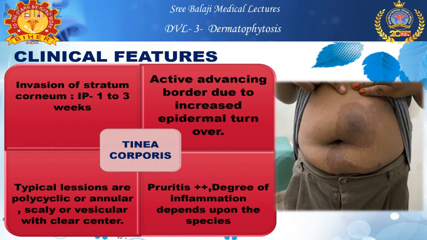You can also see other types of lesions; it can be polycyclic, scaly, or vesicular, all with central clearing. The pruritus will also be quite severe, and the degree of inflammation depends on the species. As I told you, anthropophilic species won't have that much inflammation, whereas zoophilic and geophilic organisms will present with a lot of inflammation.